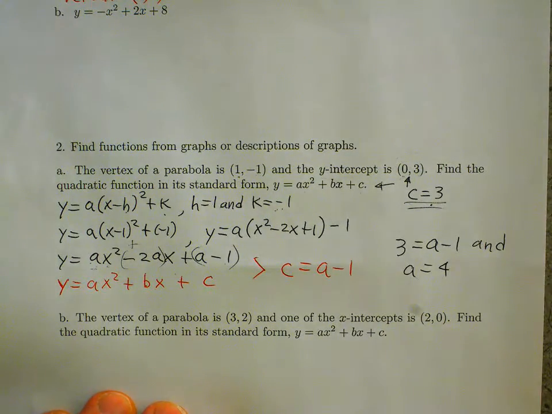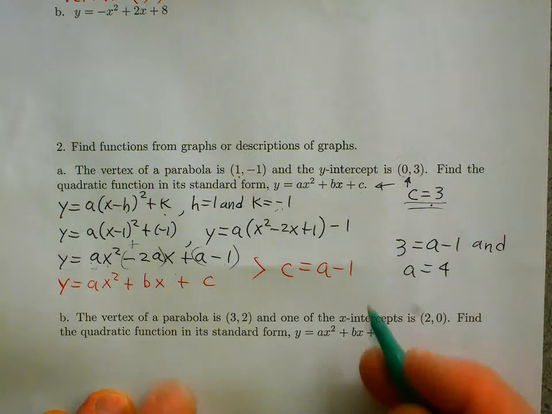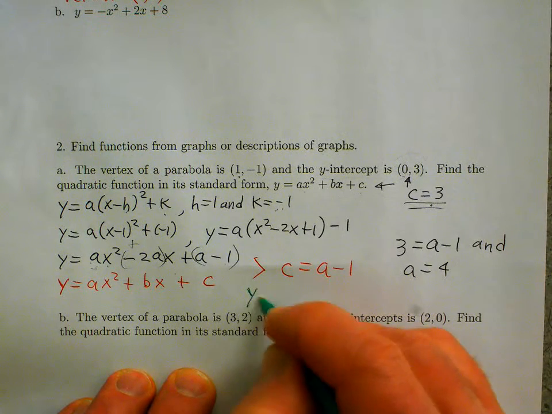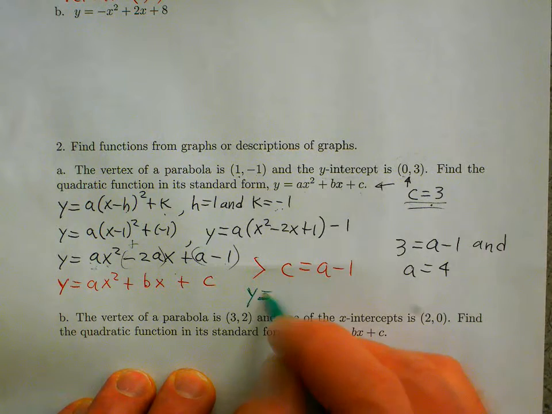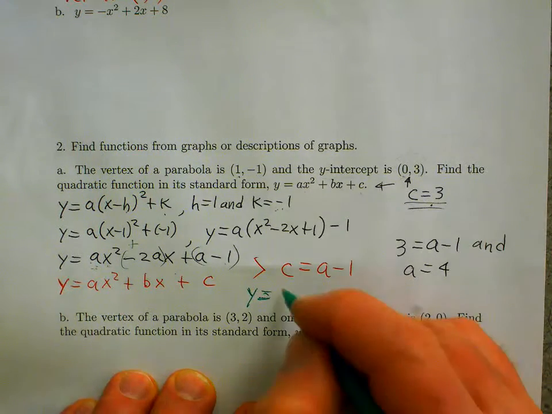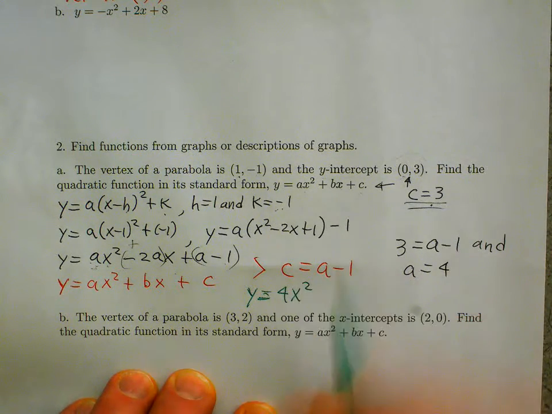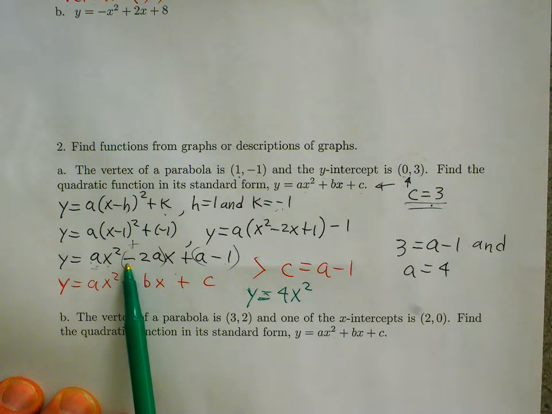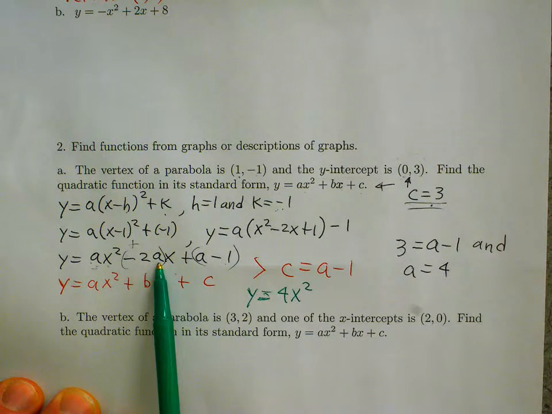Okay, so now we can write the standard form. If a is 4, y is equal to 4x squared minus 2 times a times x.